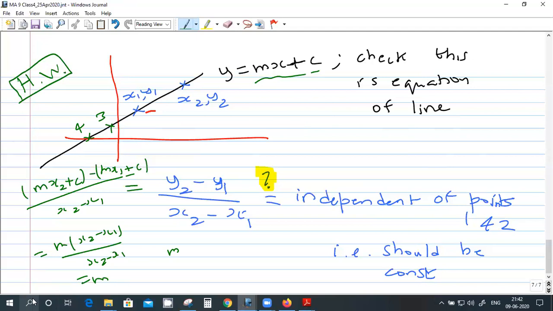A different line would have a different slope, suppose plus 5 for this one and minus 5 or minus 3 for another. But for a given line, the slope is the same between any 2 points.